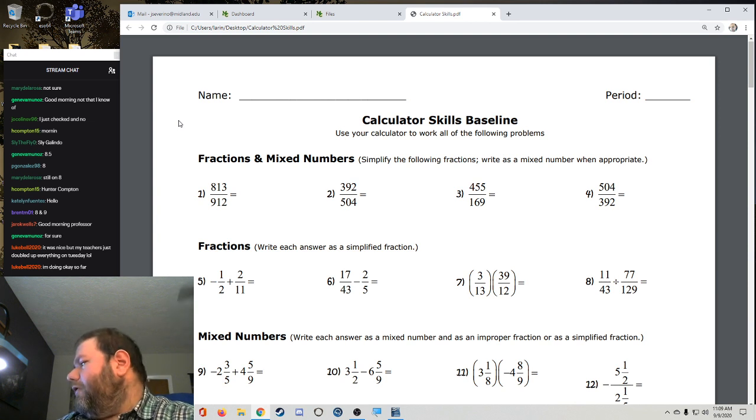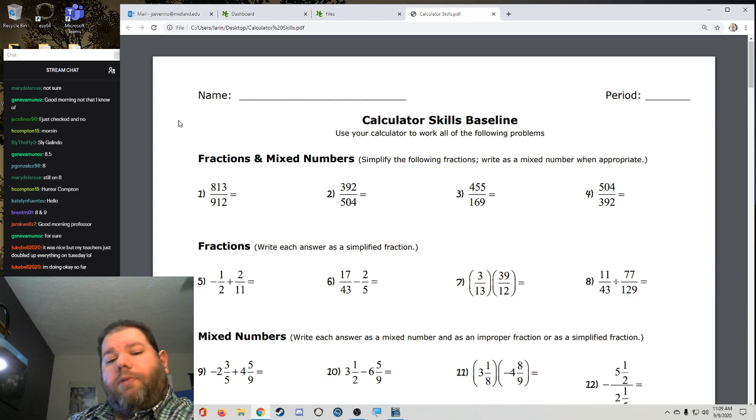Now, the first couple of sets of problems are on fractions, and you can see 1 through 4 are all on reducing and simplifying fractions using our calculator. Again, we don't want to have to necessarily do this by hand. The goal is to be able to use the calculator to do all of this. Then 5 through 8 work on operations with fractions: add, subtract, multiply, divide.